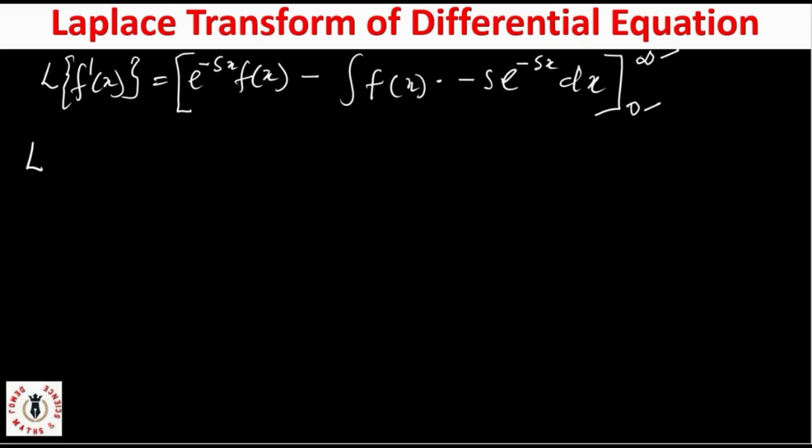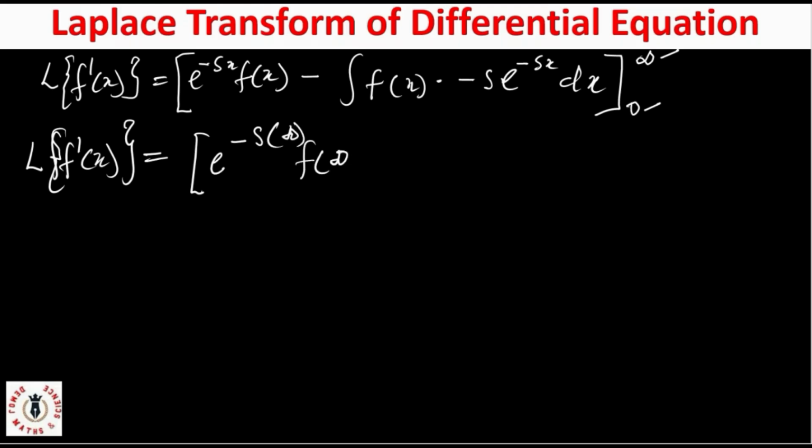My Laplace transform of f prime of x will definitely become, when x is equal to infinity, e raised to power minus s into infinity, f of infinity, minus, still on e raised to power minus s x, I'll apply the 0 again. This is minus e raised to power minus s of 0 into f of 0.